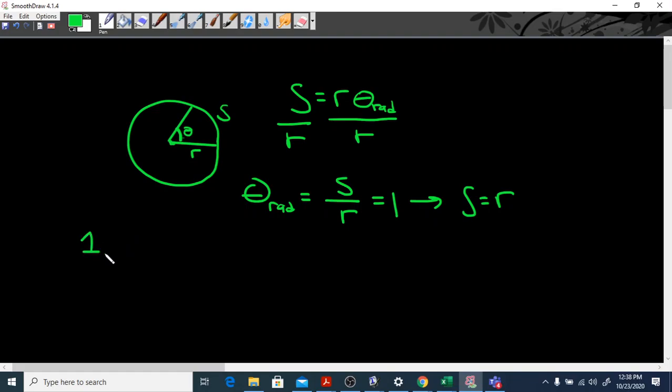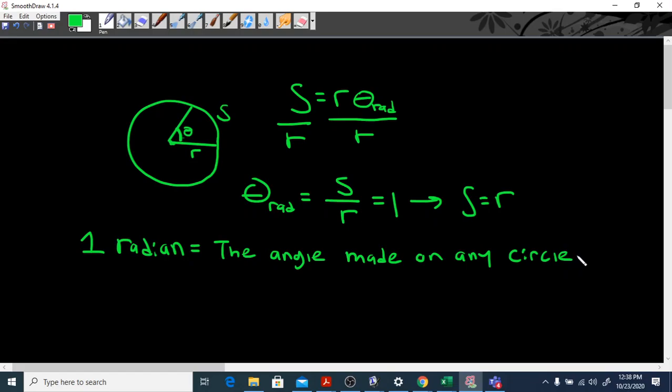So what this tells us is that 1 radian is exactly the angle made on any circle where the arc length is equal to the radius. Okay, so if the radius equals the arc length, that's 1 radian.